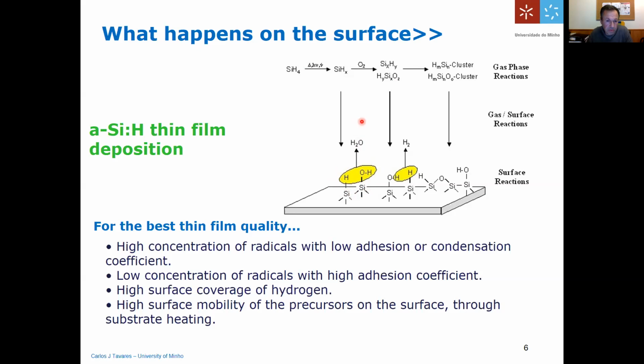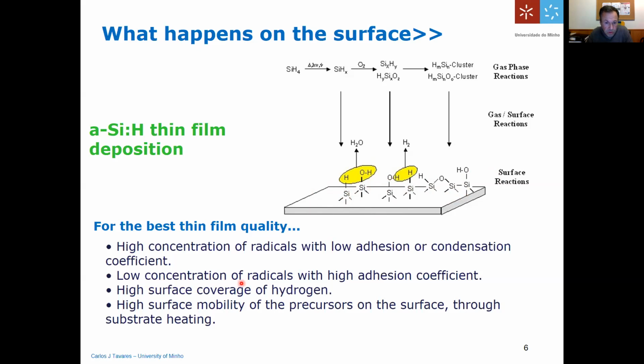So for the best thin film quality, you need a high concentration of radicals with low adhesion. That's what you see here, the co-dissociation coefficient. You have a low concentration of these radicals, but a high concentration of these radicals on the substrate, so they can trigger the adsorption of silicon and the bonding of silicon to the substrate.